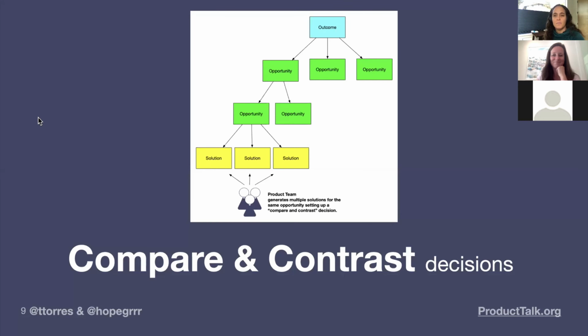Sure. So I think the ultimate criteria is your desired outcome. We talked a little bit in part one about each team working towards an outcome. This could be if you're a consumer site and your primary customer metric is engagement, you might be evaluating the opportunity space based on what's going to drive engagement the most.